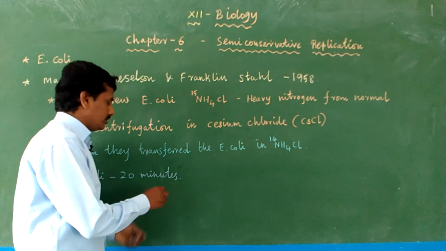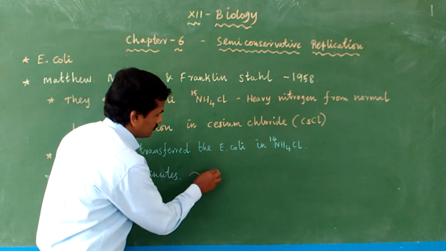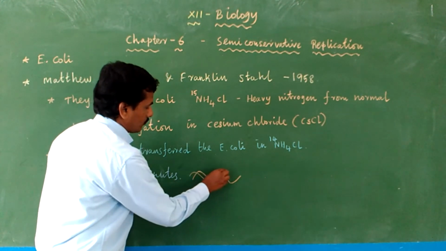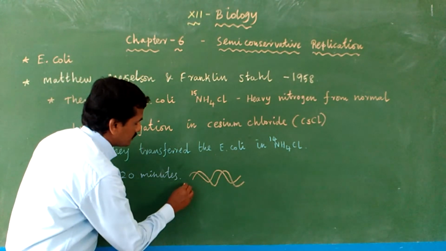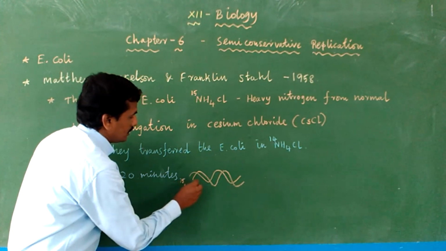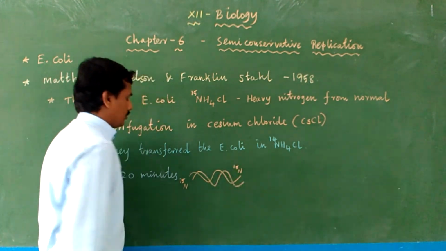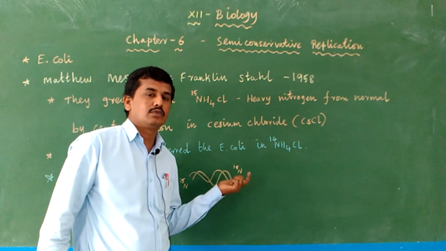So all the DNA, which we know has this structure, contains only nitrogen 15, because we add only ammonium chloride 15 over several generations to the bacterial growth medium.